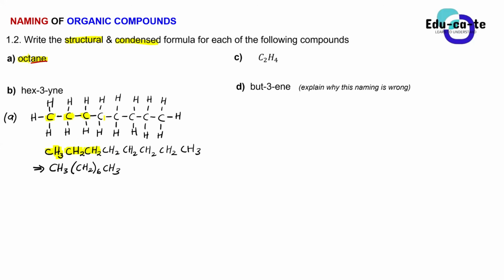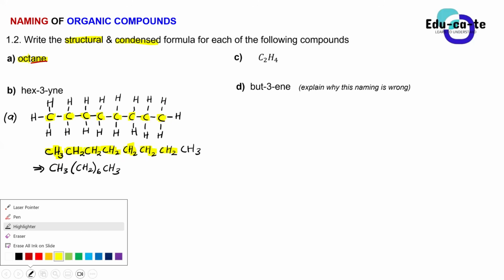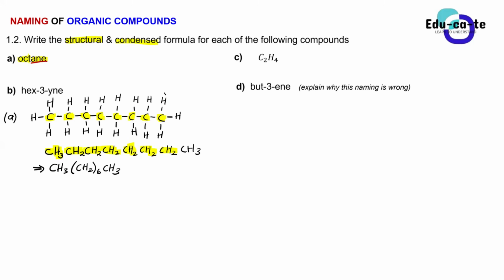You continue again, another carbon bonded to 2 hydrogens, then another, then another, then another bonded to 2 hydrogens again. Then the last carbon is bonded to 3 hydrogens, 1, 2, 3. So this is another CH3 at the end of the day. So this is the condensed formula.